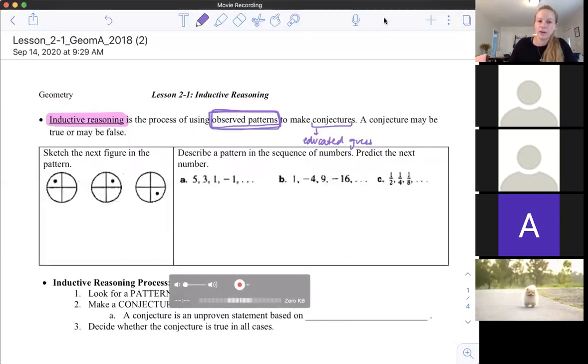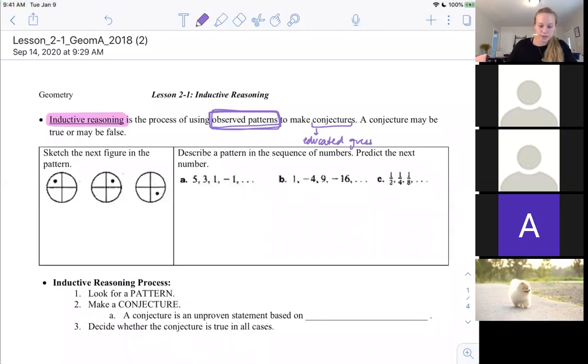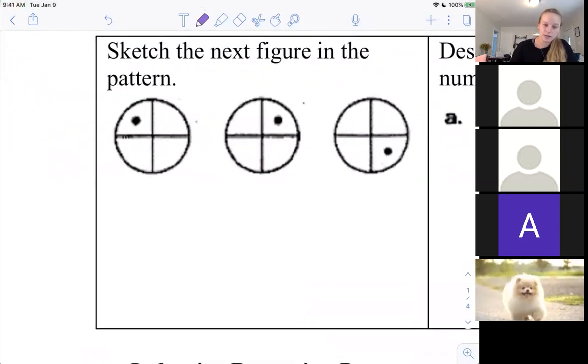We have a couple examples that we're going to look at first. We have one that's a picture. So it says sketch the next figure in the pattern. So from the picture I see a circle with 2 lines and then a dot that's in what looks like the top left quadrant. Then I have the same picture, a circle with 2 lines, but this time the dot's in the top right quadrant.